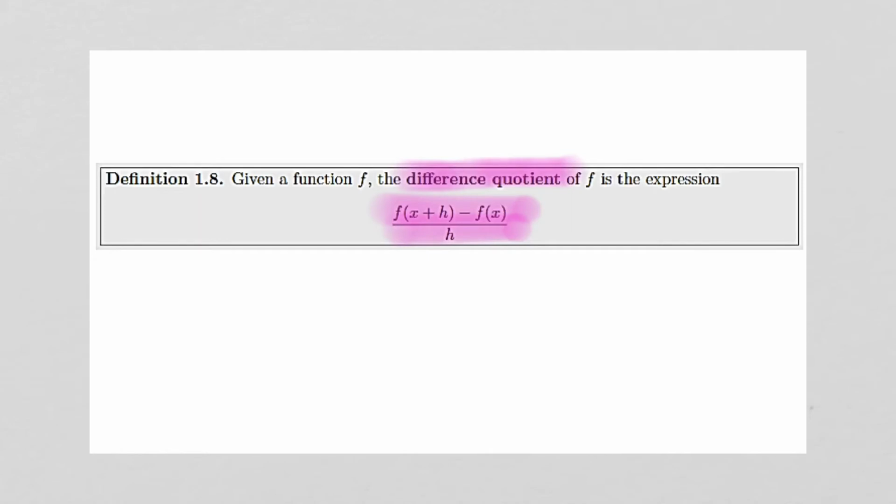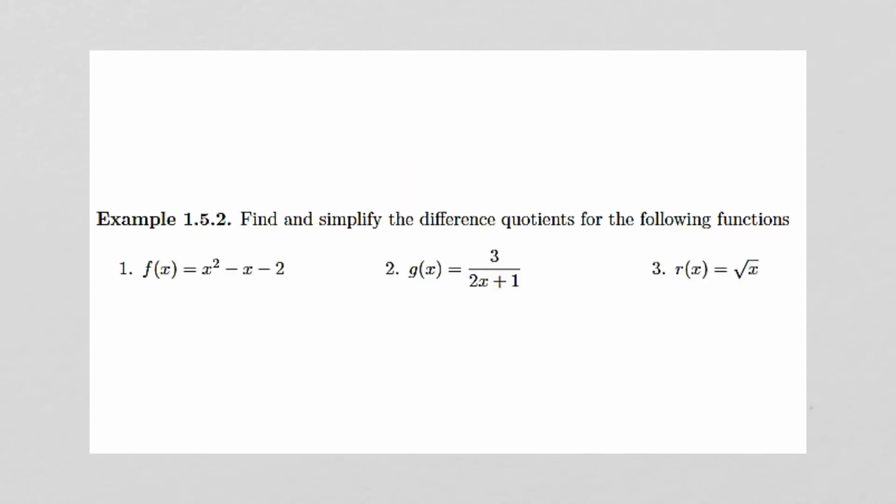So we're going to try this a few times. We're going to try these examples here. We're going to find the difference quotients for 3 different types of functions. So this one, and this one, and I'm going to take it to a clean paper.